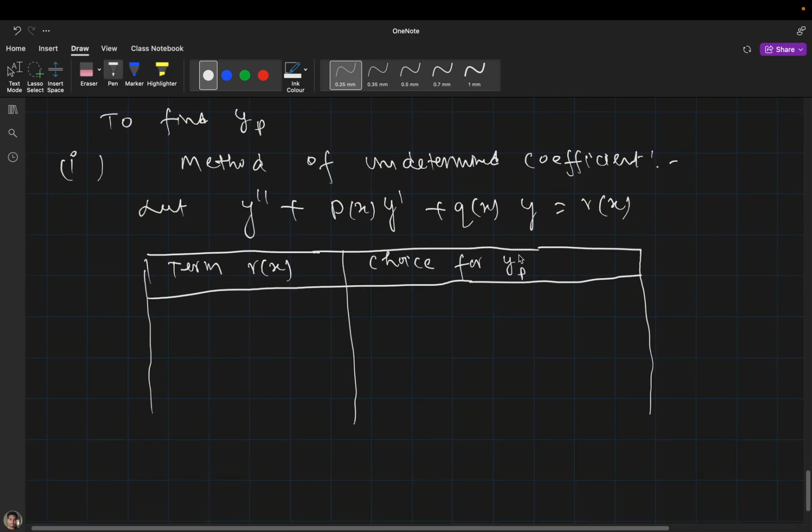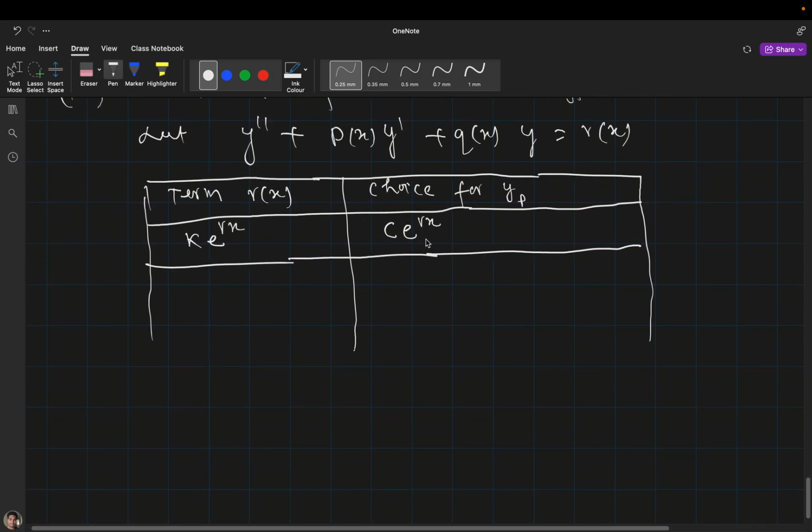Suppose the term R(x) is something like this. Then for this choice, we will assume yp is something like this. I will talk about how we will solve it. And suppose R(x) is something like this, then the choice of yp we can use like this.